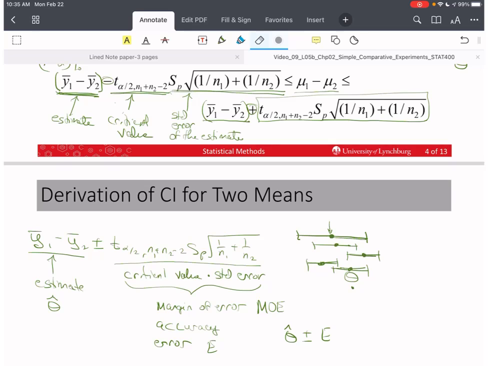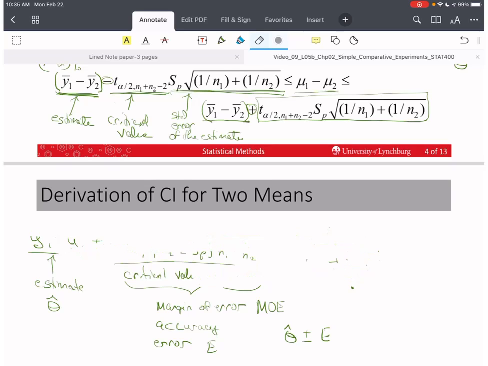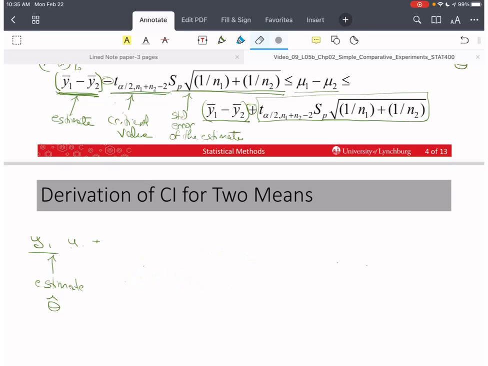So now let's derive this expression, and we're going to derive it from the coverage probability statement. So we're going to start with that.